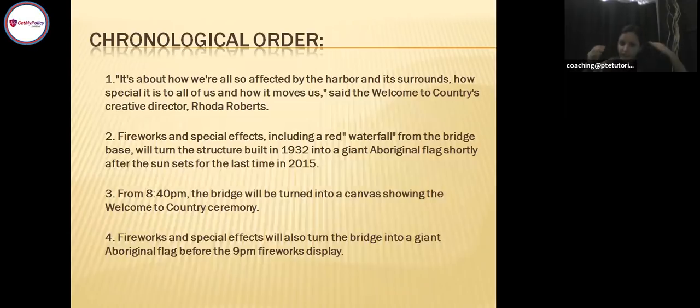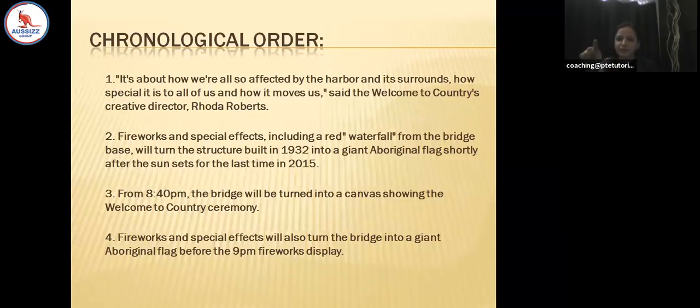After that, now listen to me very carefully. After that, what do we have to do? I'm not reading the next line, but I'm reading the last few words: into a giant aboriginal flag shortly after the sun sets for the last time in 2015. They're talking about some sunset for the last time in 2015. Then, can I relate these words to third number, to fourth number? Then I look over, it's about how we are all so affected by the harbor.